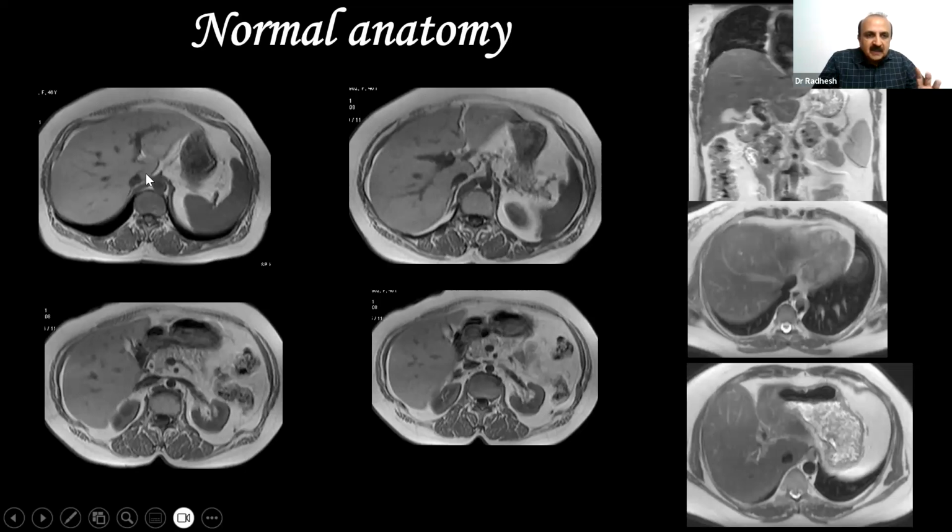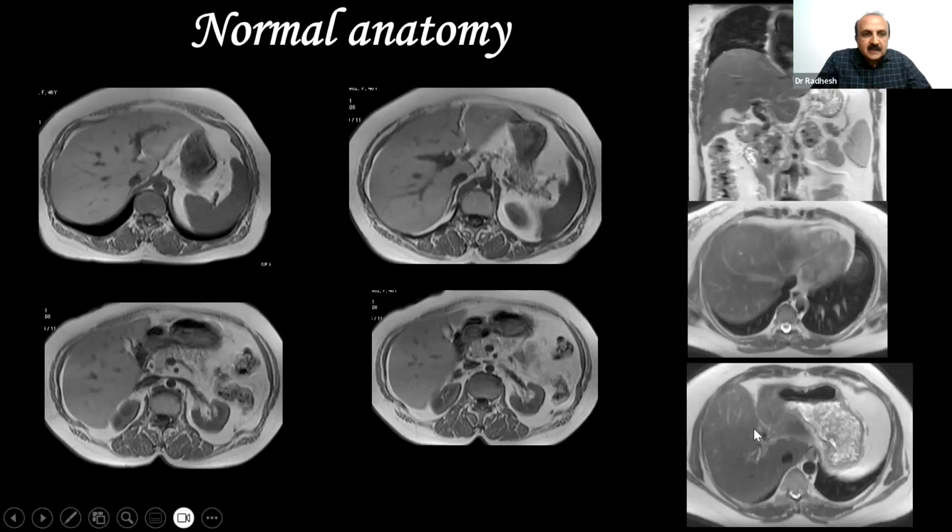Okay, now again a recap. Right lobe, left portal vein on these images. Okay, we have inferior vena cava, aorta, diaphragmatic crura, gastrohepatic ligament, stomach, gastrosplenic ligament, spleen. Is it clear? Yeah. Very.